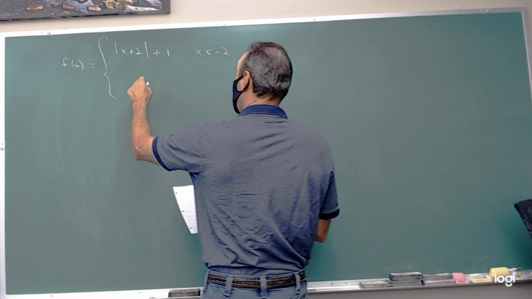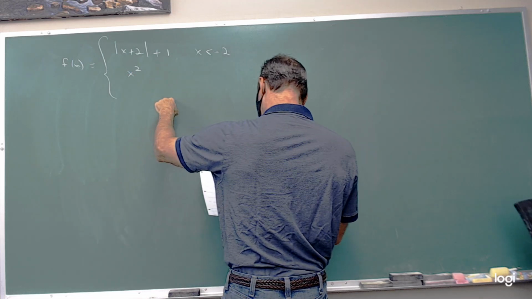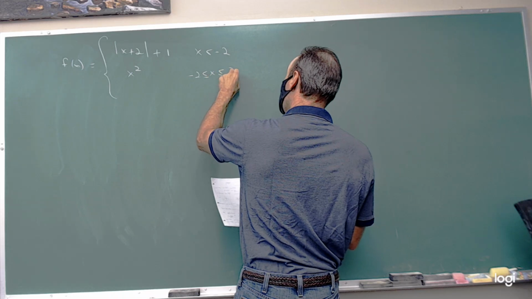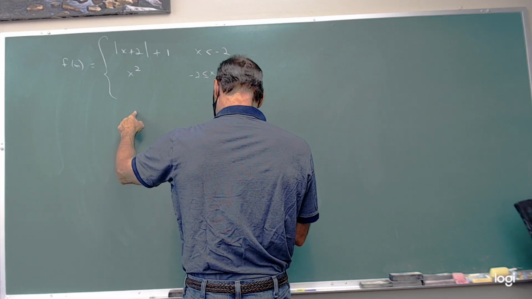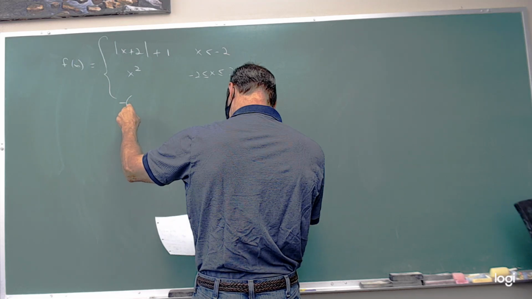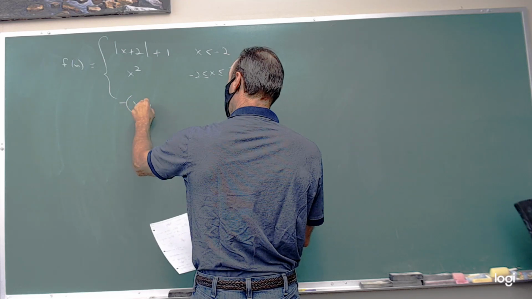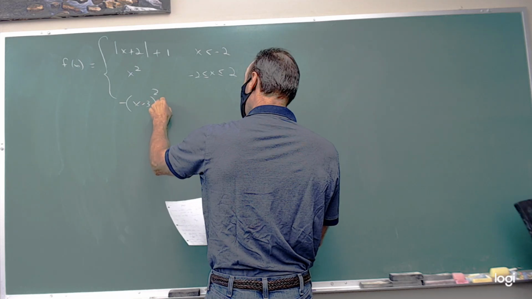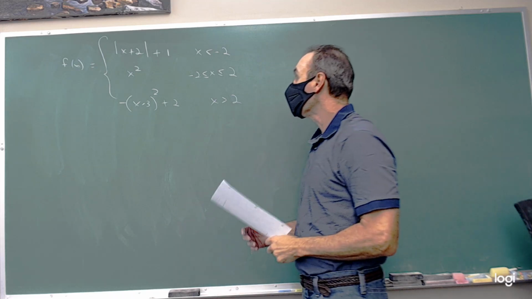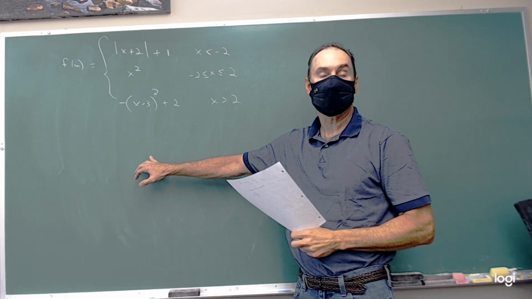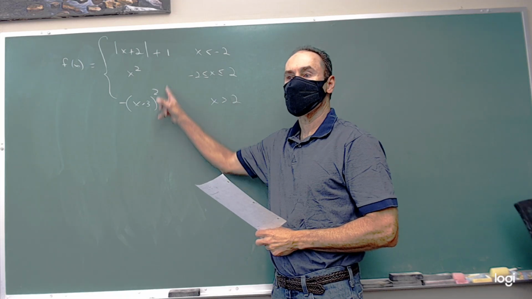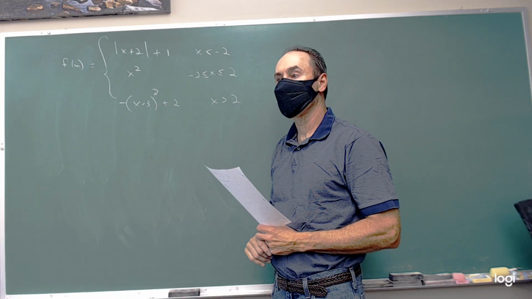And it will be x squared for -2 less than or equal to x less than or equal to +2. And then it will be negative, parentheses, x minus 3, squared, plus 2 for x greater than 2. So here you're going to get not only the whole piecewise stuff, which is really tough, but we're going to see some of our translation and reflection stuff that's part of this chapter also.